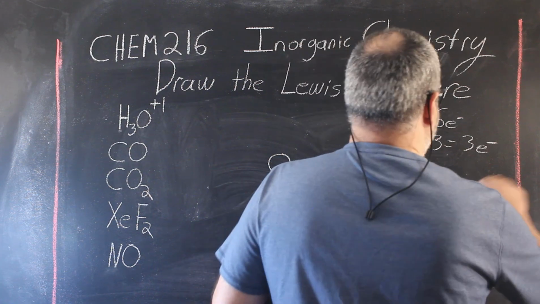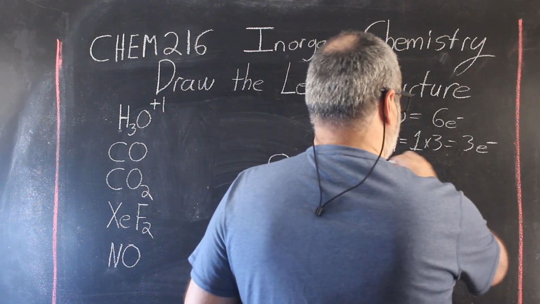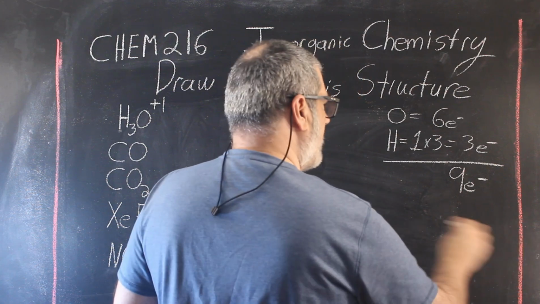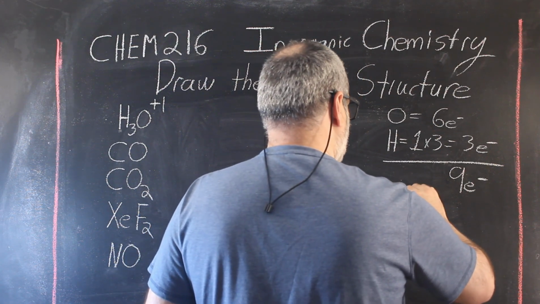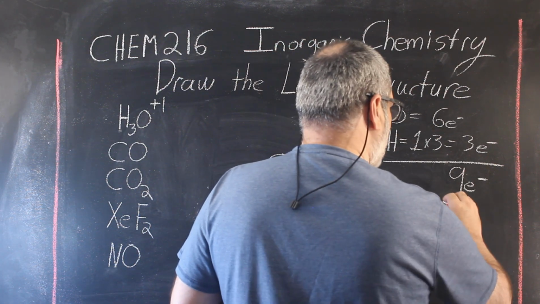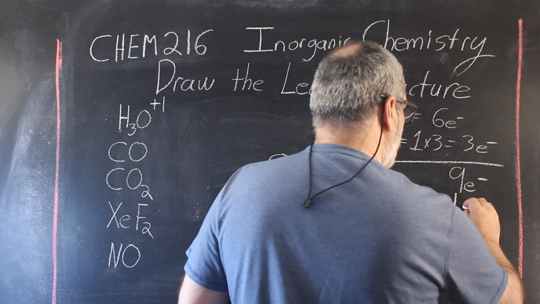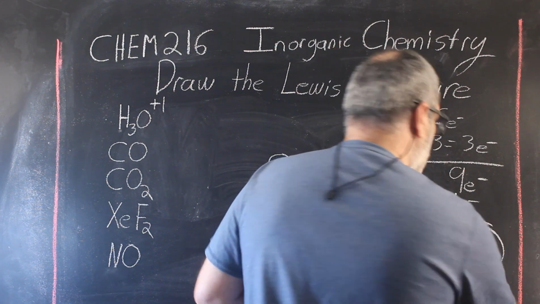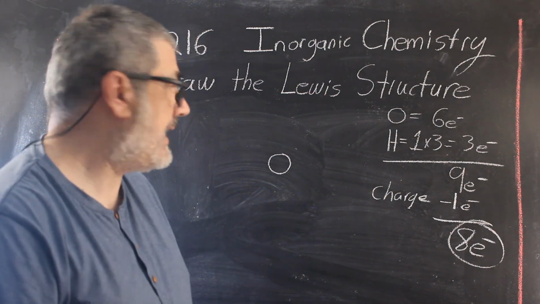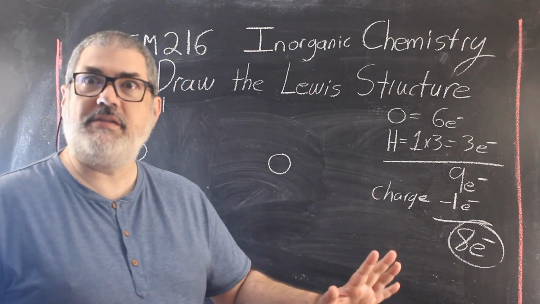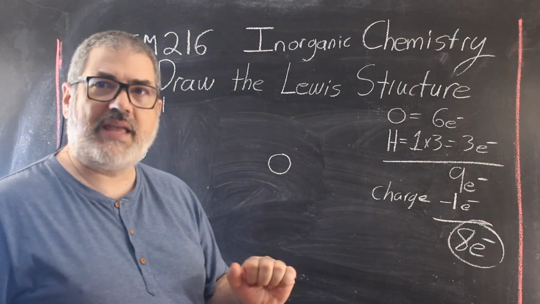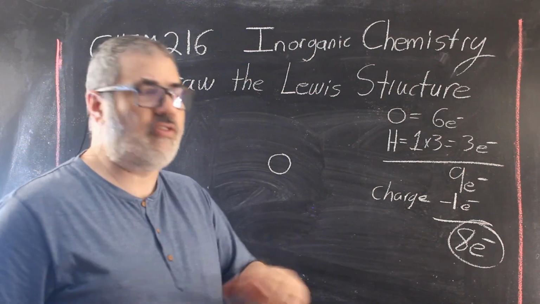All right, so we're going to start, I'll do it this way. So we're going to have 9 electrons here, but then our charge is actually going to cause us to remove an electron. So we have 8. Okay? So again, if you didn't follow that, pause the video, go backwards, because those little things are so easy.